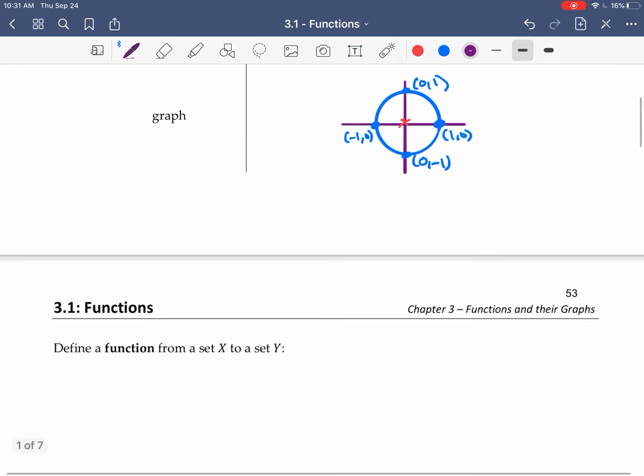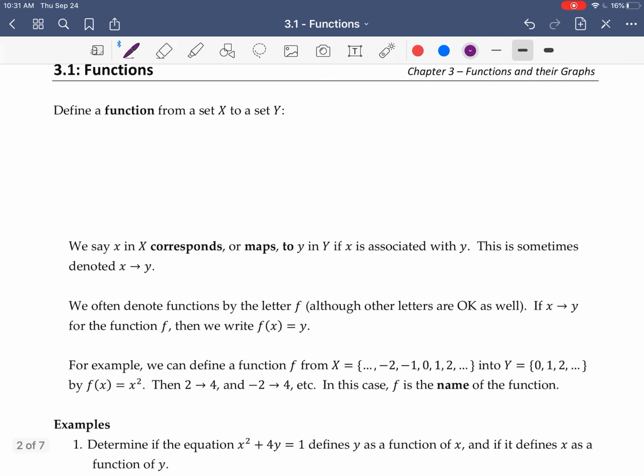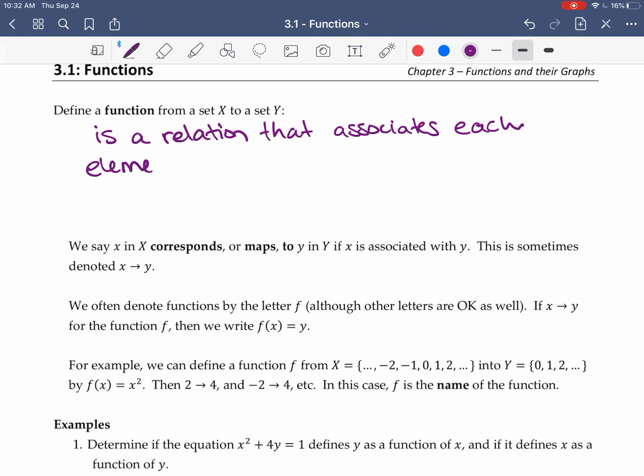More specifically, a function from a set X to a set Y is a relation. It's a special type of relation that associates each element of the X set to exactly one element of the Y set.